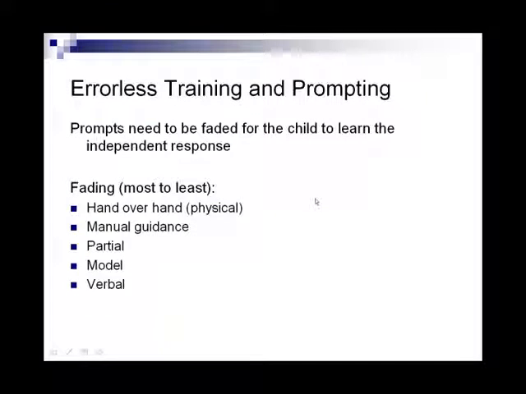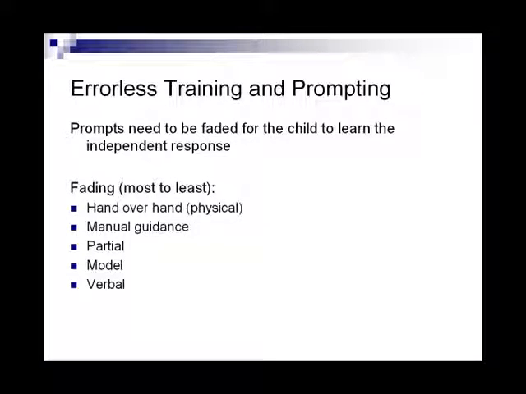And here is how you fade that prompt, because the prompt was hand over hand first for touch nose. So you grab the child's hand and touch his nose with his hand. Eventually you want to fade that so that he learns the independent response. You began with hand over hand, which was the physical. Then you can go into a manual guidance prompt, which is just sort of using your hand as a shadow, following the child's hand.